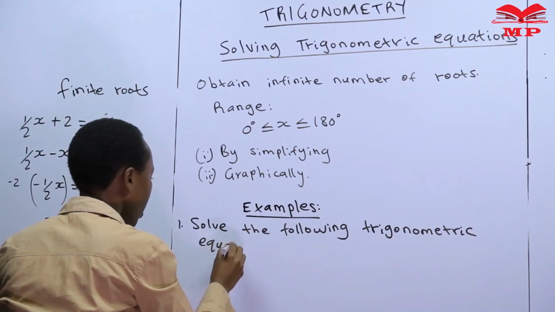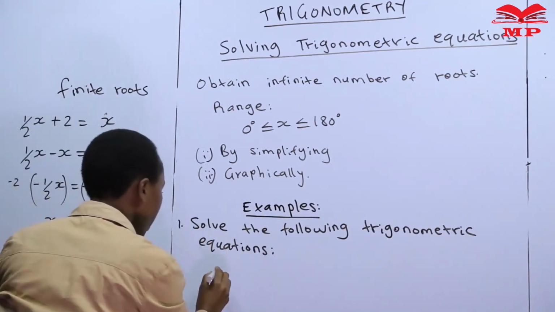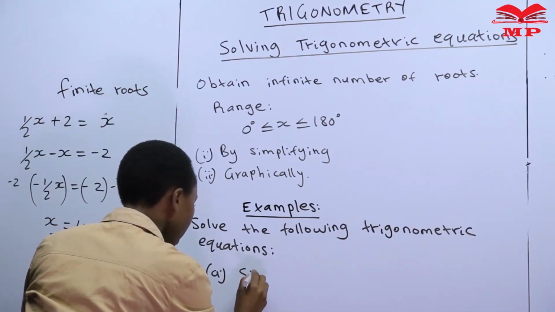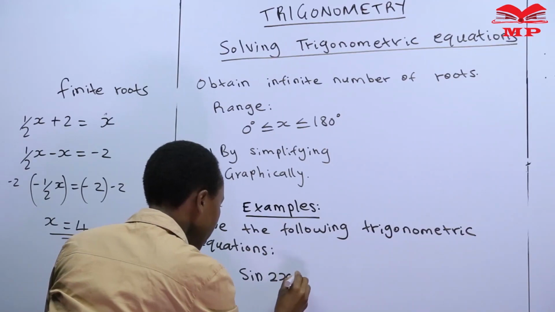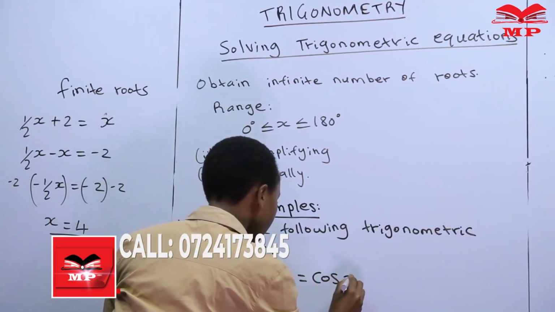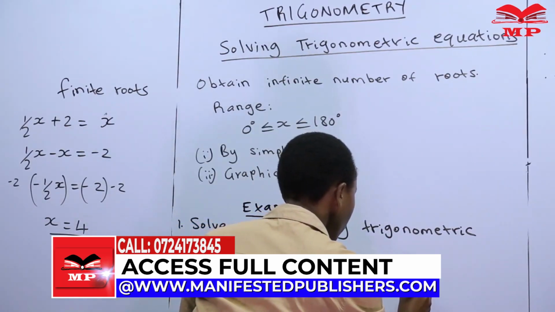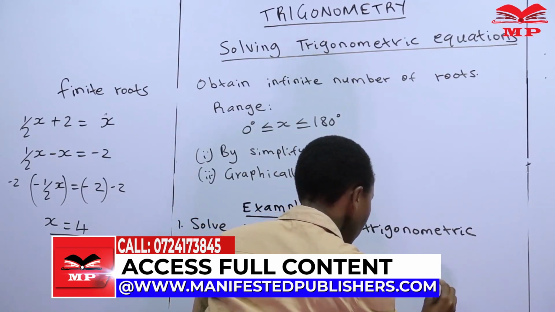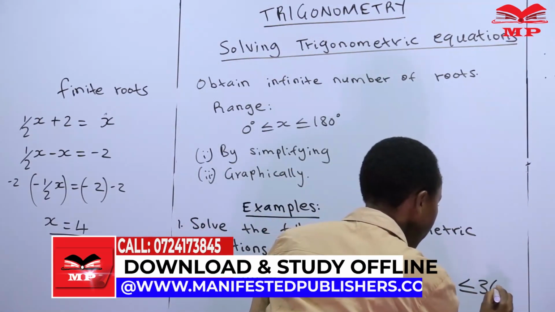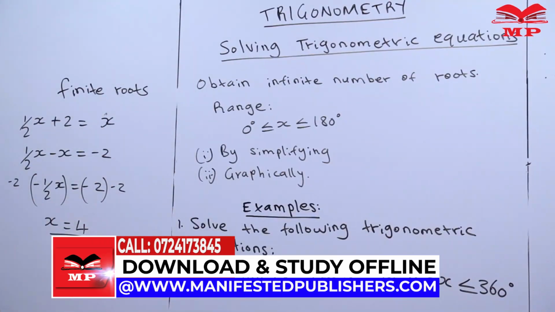In the first one that I want us to start with, we have sine 2x is equal to cos x, and the range is from 0 degrees to 360 degrees. That's what we have, and we are supposed to solve.